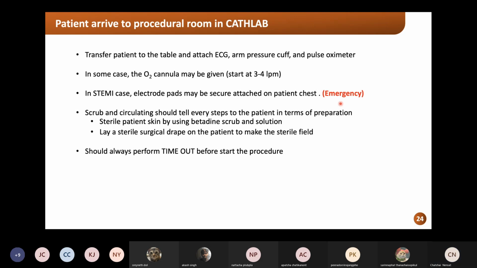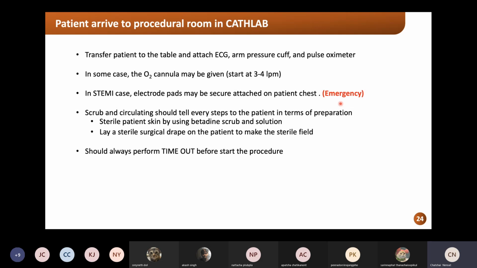And after the patient comes from the preparation area into the room, you have to transfer the patient to the X-ray table, as you can see in the first slide I showed you, and attach the ECG as well.